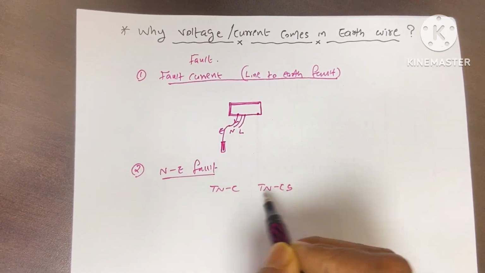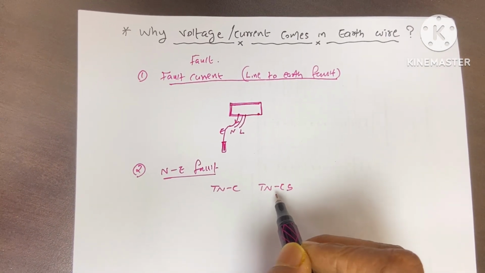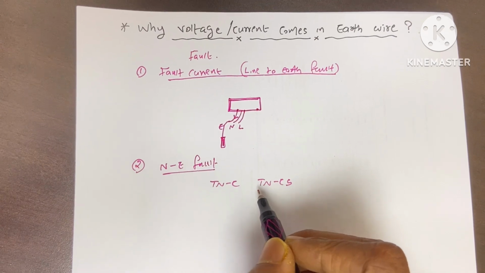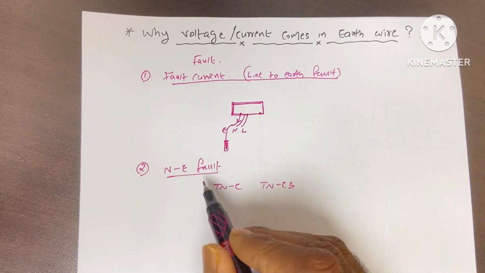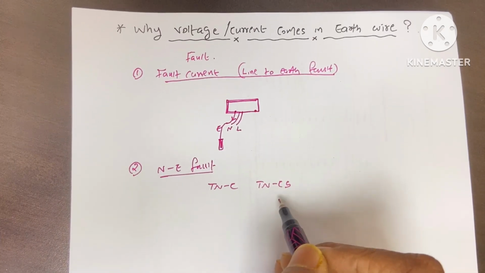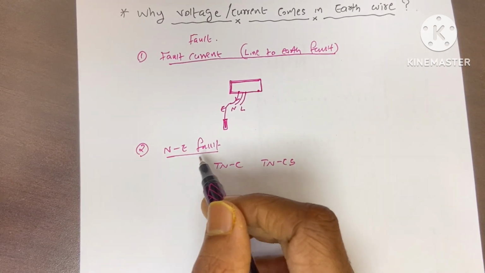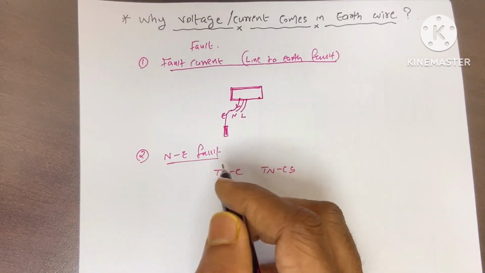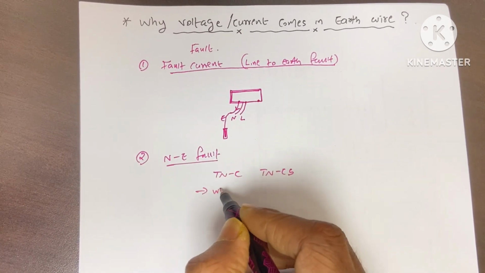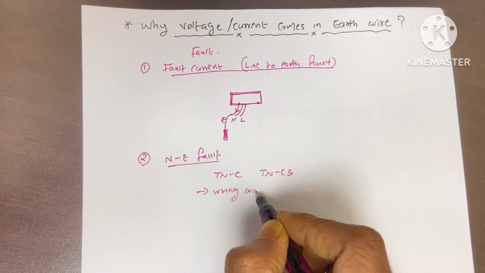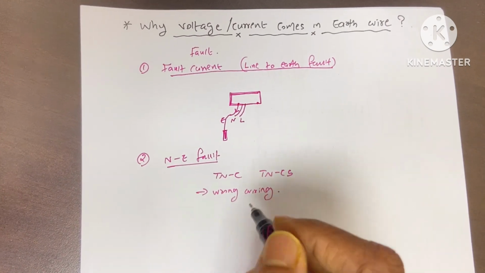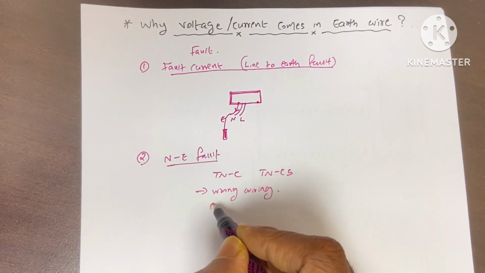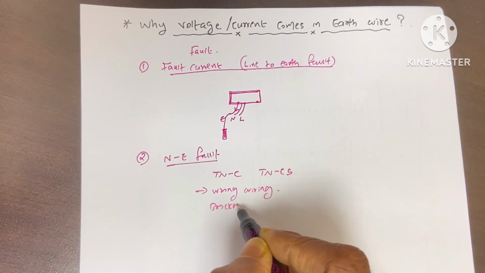You know that these are two earthing systems. If you have these earthing systems in your premises, then this situation would be common. Also this problem arises due to wrong wiring in your house, or due to a broken neutral connection.